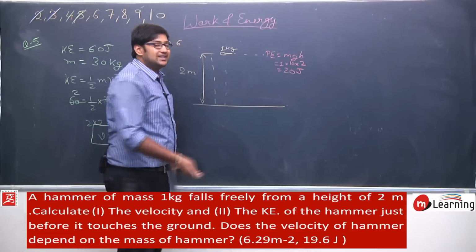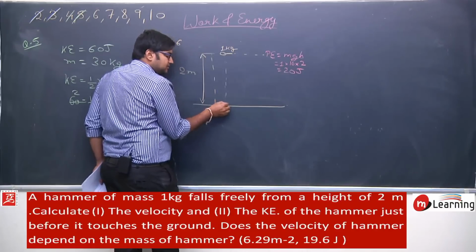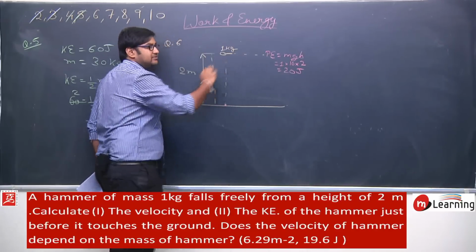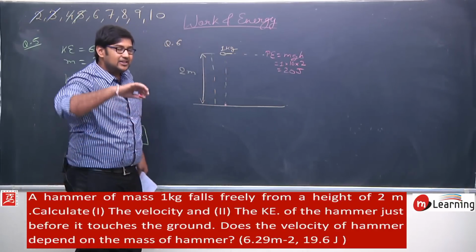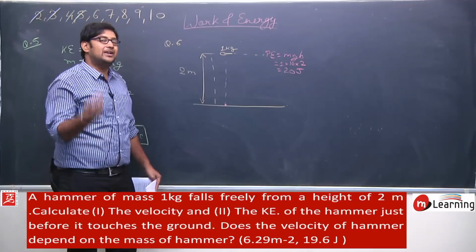Now, as soon as it reaches the ground, what is happening? Just before reaching the ground, its potential energy will go to 0, and all the potential energy will be converted into kinetic energy.